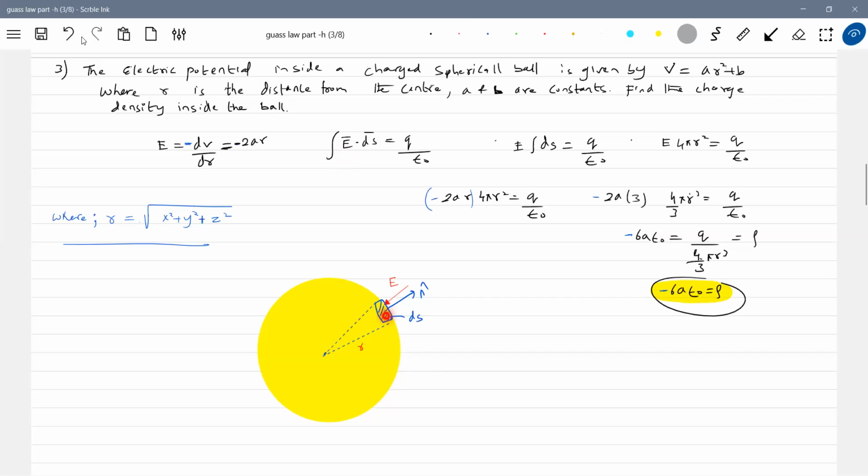So what is Gauss law? E bar dot ds equals q by epsilon naught. So E into ds, this will be minus 2a r times 4 pi r square. You keep it here. Now what is E? At all points, the value of E will be same.